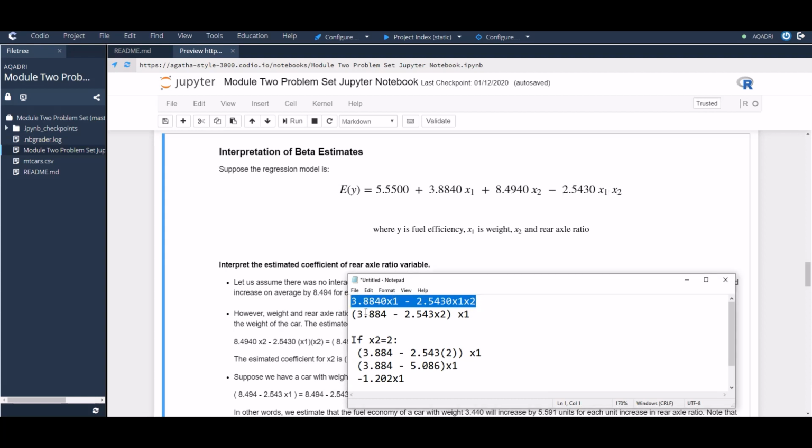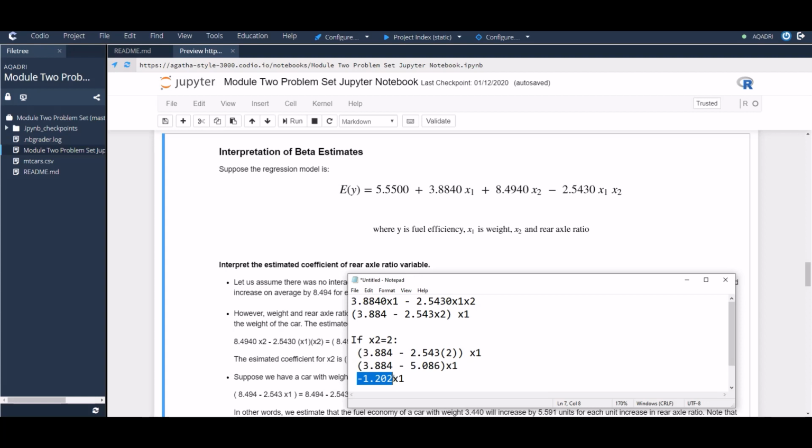I've typed them here, and notice that x1 is the common factor, so I will take that out, and the rest of this will be the estimated coefficient for x1, the variable weight. Now suppose x2 takes a value of 2. I would plug in 2 here, solve, and get negative 1.202 x1. Now this is the estimated coefficient for the weight variable.